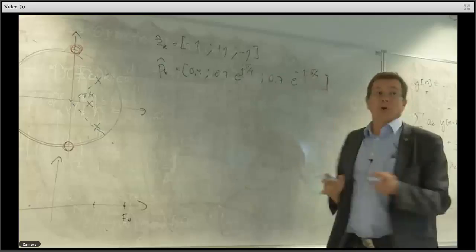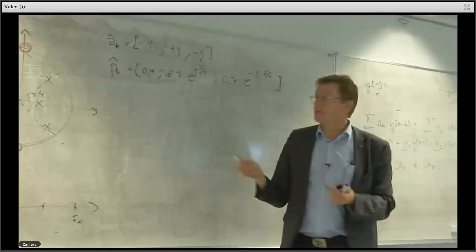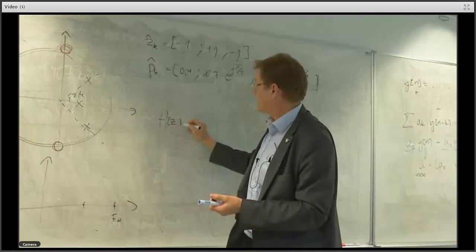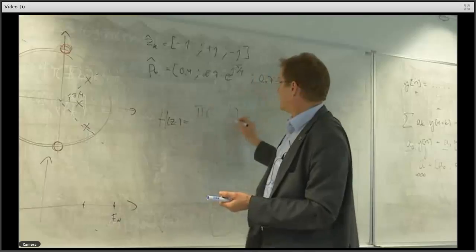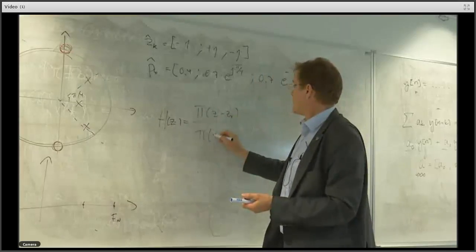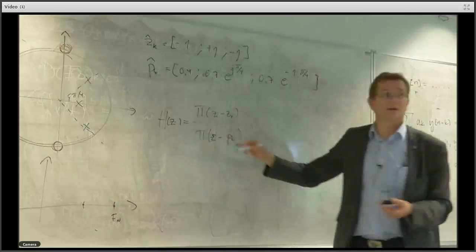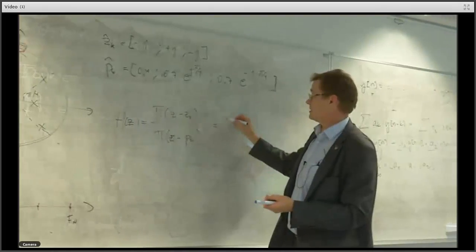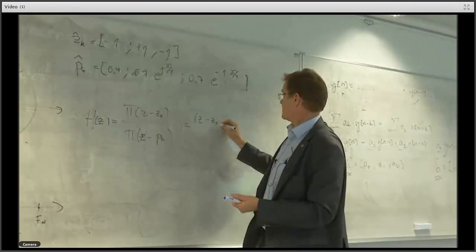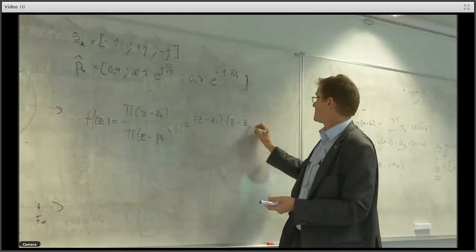So zeros and poles are always complex conjugate pairs, or they are real. Because when you think of this H of z in the product form, the only way you can get real values is that you have, say, z minus z1 times z minus z1 star.